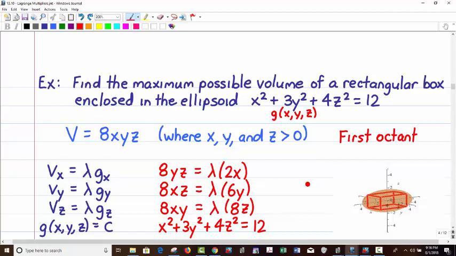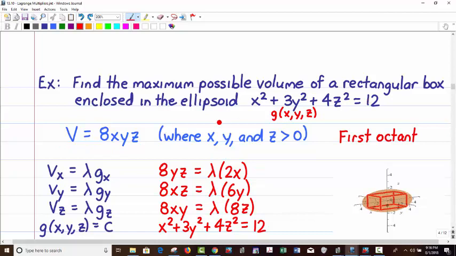So there are 8 equal sections. So you just multiply by 8, and x times y times z will be the volume of the one region, and 8 times that would give you the volume of the entire thing. That way, it prevents you from having to find all the positive and negative vertices. So there's your equation you're trying to optimize.